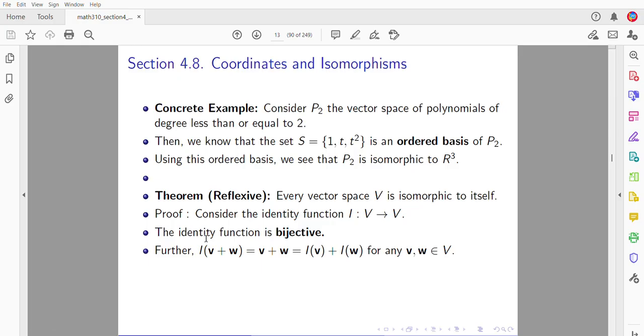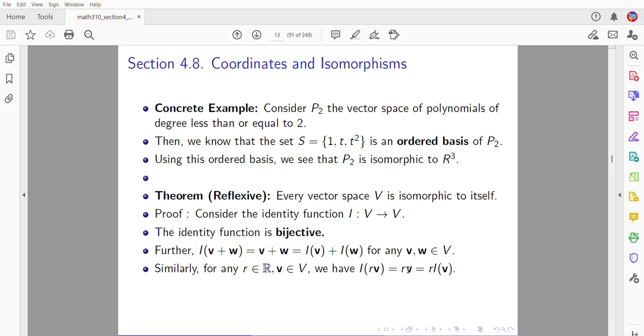Moreover, the identity function on any vector, sum or otherwise, is itself. I of V plus W is V plus W. On the other hand, V itself is I of V, W itself is I of W. So I of V plus W is I V plus I W. Similarly, take any scalar real number R and any vector V. Then I of RV is RV.